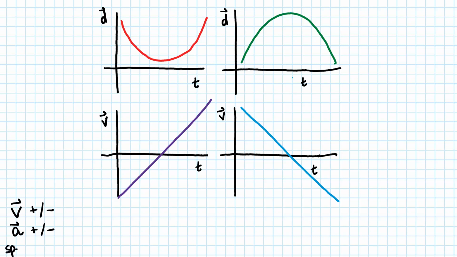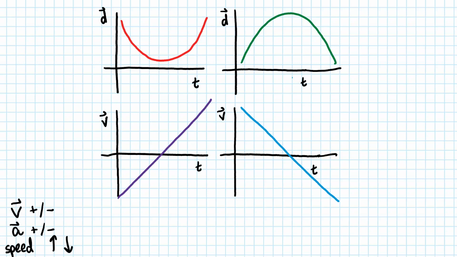And speed or magnitude of velocity. Is the object speeding up or is the object slowing down? So if you'd like, pause the video, think about those three main things for each of the graphs and see if you can figure that out. If not, I'll just go ahead and do it right now.